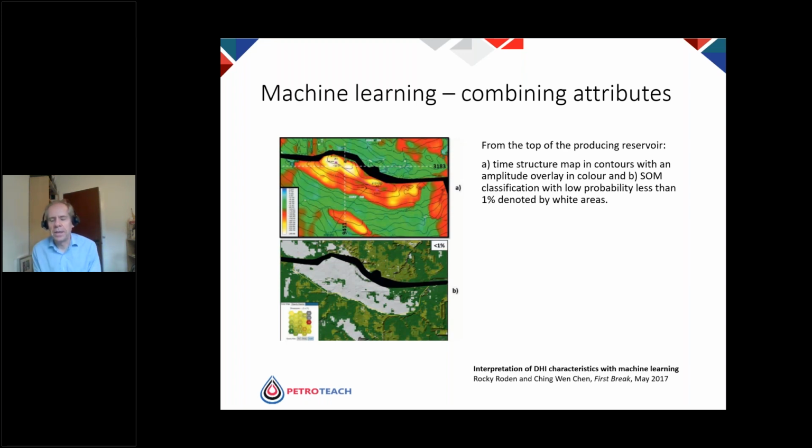Okay, so I think if you're interested in geophysics, you can't not have come across machine learning, or at least heard of it. And basically what we're doing with machine learning is using neural nets or self-organizing maps. There are a bunch of different techniques, but basically what it lets you do is, I can look at 3 cubes blended and see something.